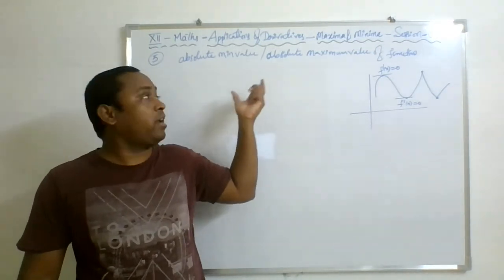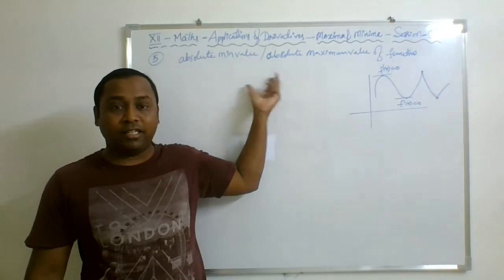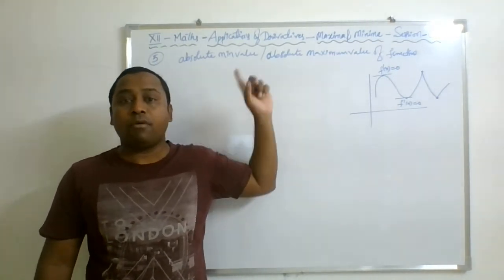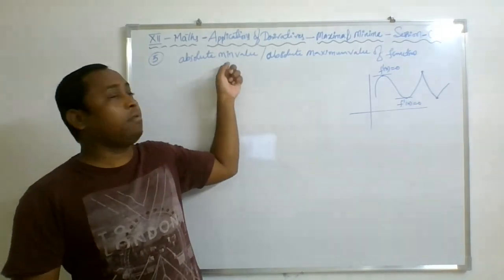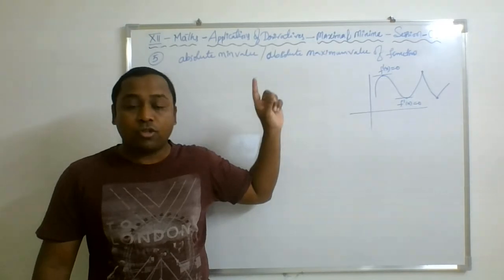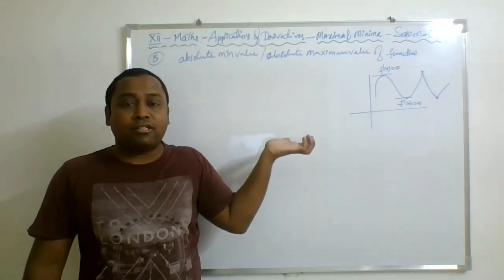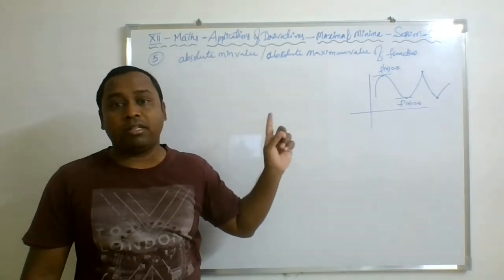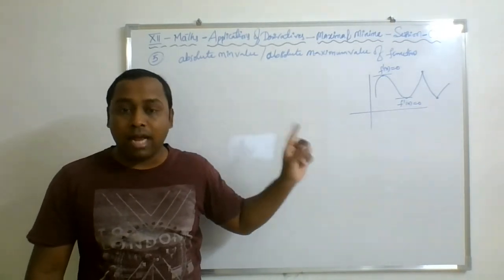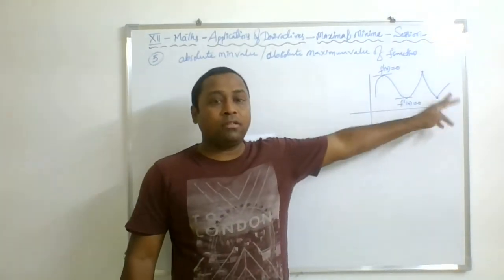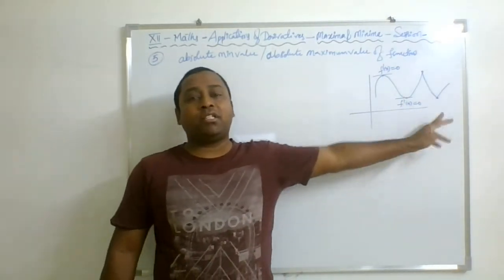So here we are least bothered about the turning points. We are finding those points of the graph where it attains the maximum value and minimum value. We are only interested in the maximum value and minimum value, not the turning points. And that may be possible at turning points or at end points of the graph.